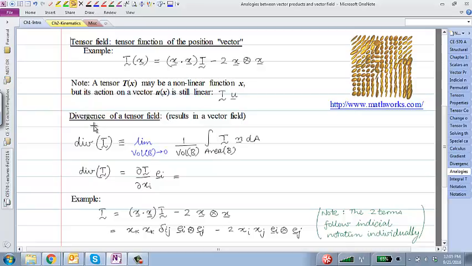Let's take a look at some derivatives of tensor fields now. And believe me, we will use this derivative, divergence of a tensor, very often going forward in chapters 2 and 3. All right, so what does that divergence look like? This hopefully should look familiar to you now.